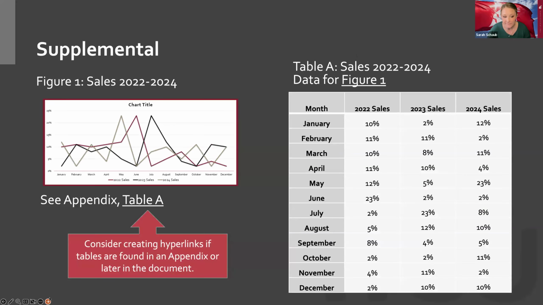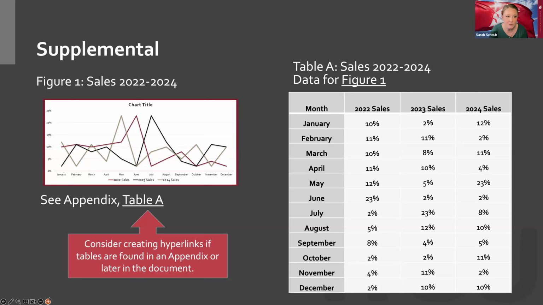For supplemental information for your bar or line charts, one of the things you can do, and this is something I think is a good practice to get into, is properly label your chart. On the slide, I have an example of the sales chart from 2022 to 2024. The chart itself is not accessible, but to supplement it and make it accessible, you can provide some more information.